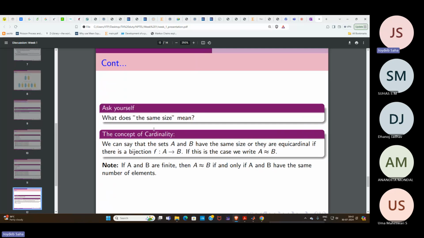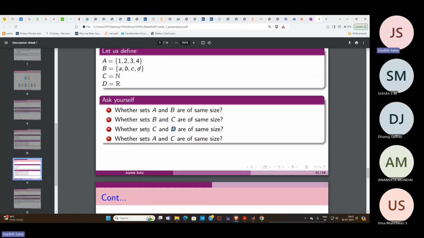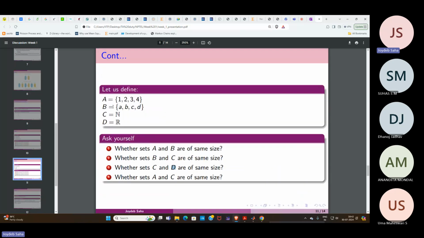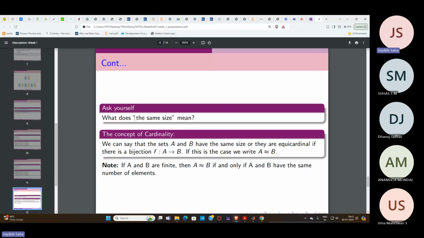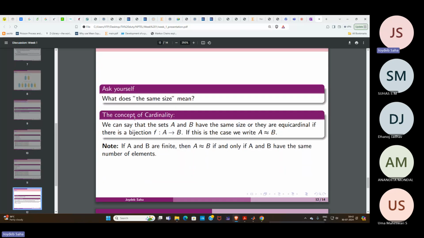Think about it first: if there are two sets, 1, 2, 3, 4 and A, B, C, D, these are of same size. But if I say that C is the set of all natural numbers and D is the set of real numbers, now the question is, what does the same size mean?